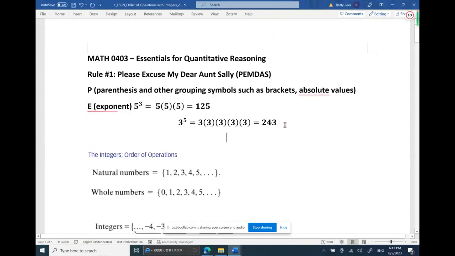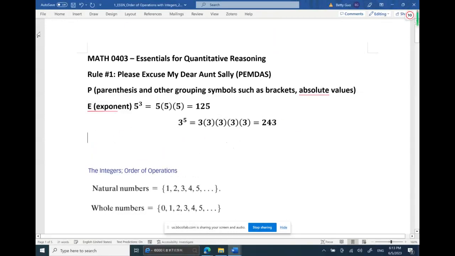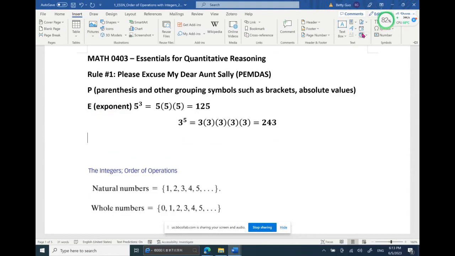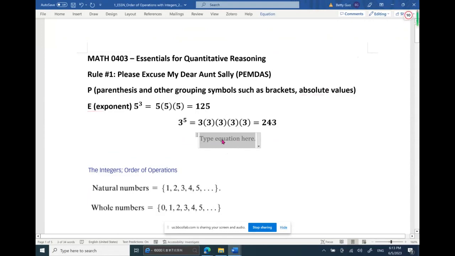Let me challenge you a little bit more here. I'm going to give you two more expressions. The first one has parentheses.